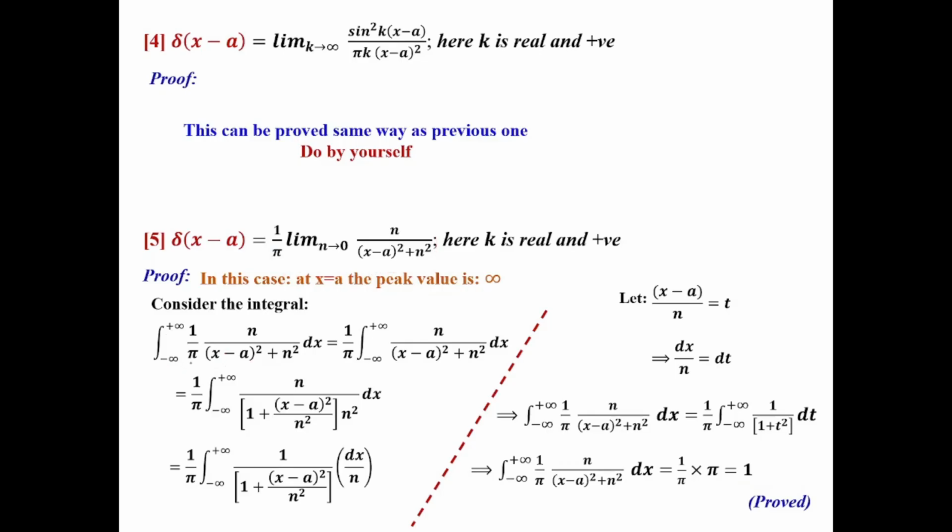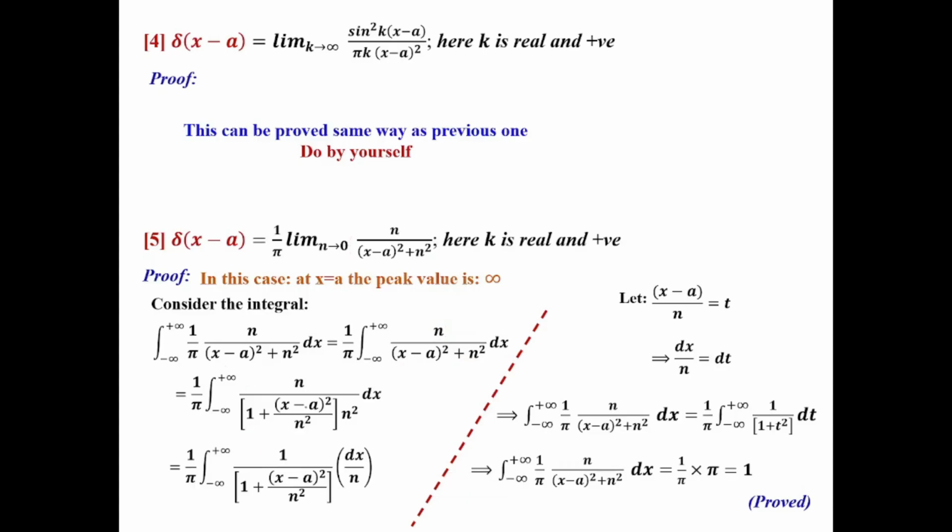Here the integration starts, you can see 1 by pi. I am going to consider this function n by (x minus a) square plus n square dx. 1 by pi taken outside of this integration, 1 n by (x minus a) square plus n square dx. Here I just divided n square in both terms of the denominator. What will it be?